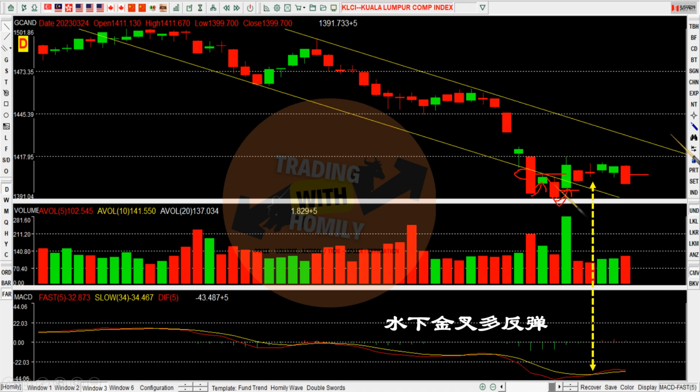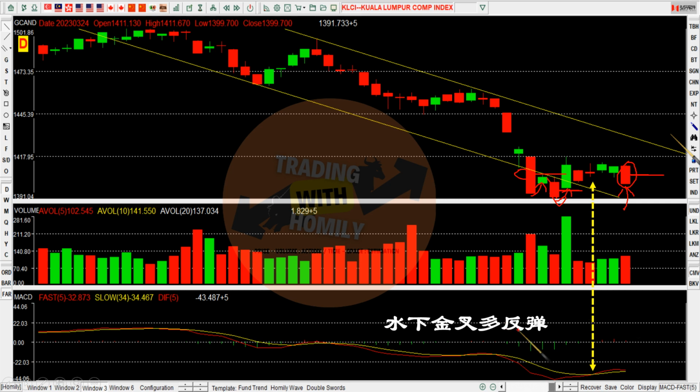But once the closing price is higher than the middle of the bearish candlestick, that means strong. So from this chart, maybe next Monday, the price also may have a strong rebound. But we can also use the middle line of the bearish candlestick as a weak and strong boundary.